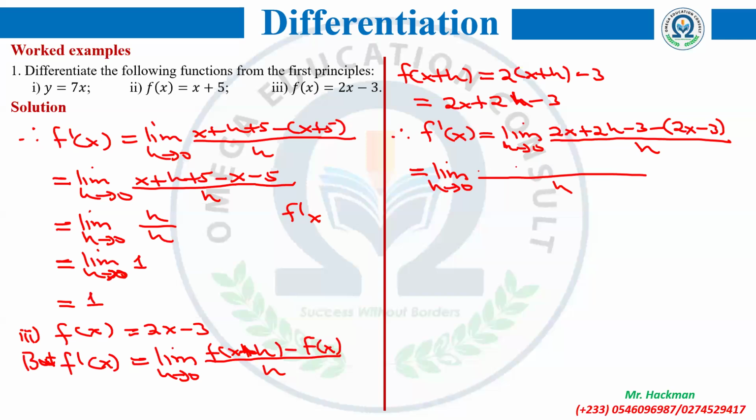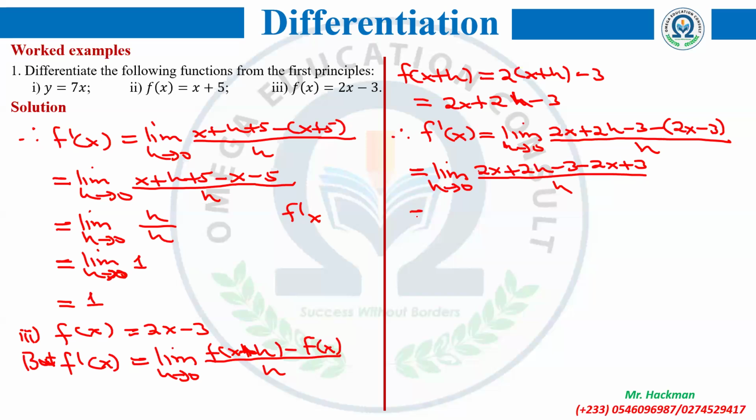So I'll always write the part that involves little or no input before I come in. 2x plus 2h minus 3 minus 2x plus 3. Because you can't change it, you have to be very careful.